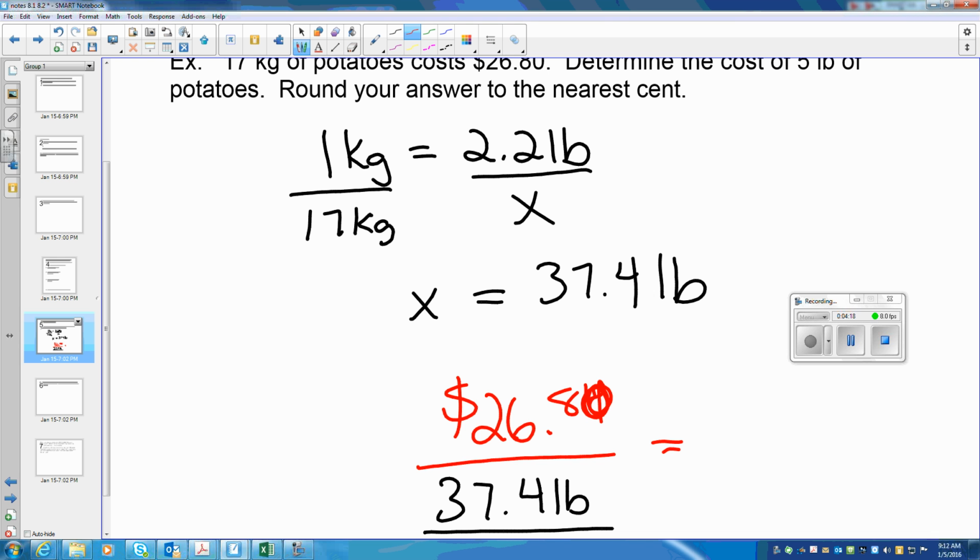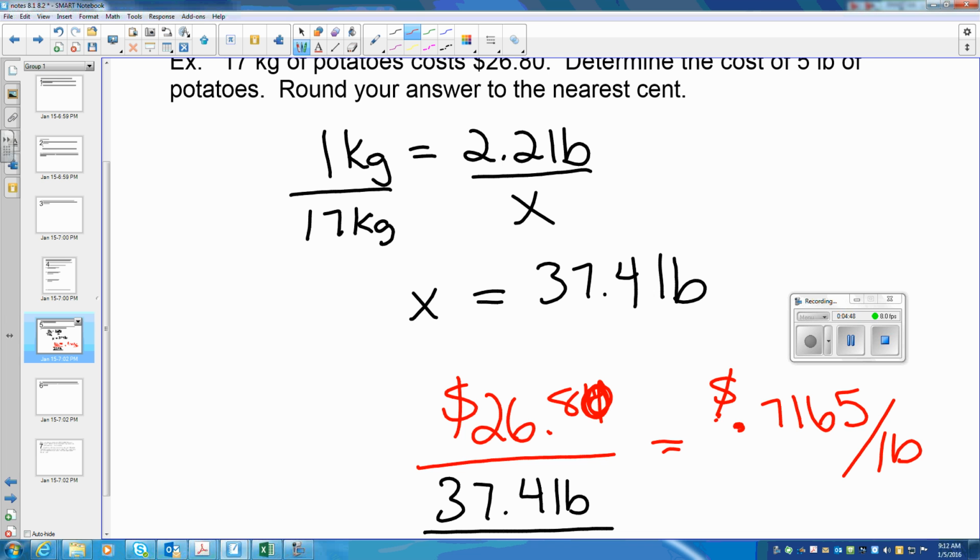My goodness. 26.80 divided by 37.4. Jocelyn? 0.7165. Now what does this actually give us? The money per pound, right? The question asked us, what's the cost of 5 pounds? Good. So this is the cost for 1 pound.